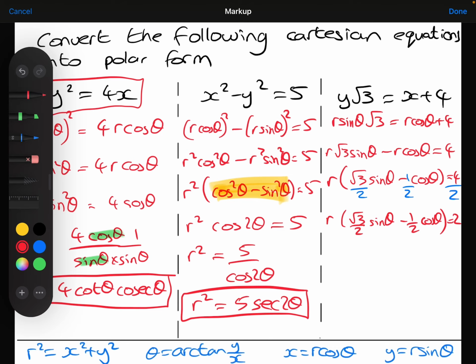And remember what I was saying about in order for me to use the sine of theta minus something, that gives me sine theta cos something minus cos theta sine something.